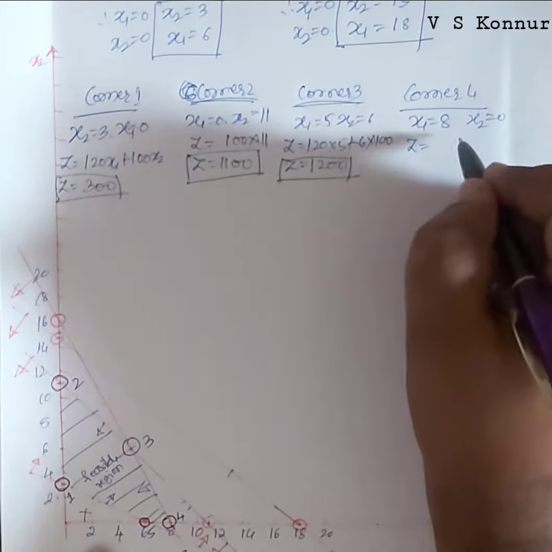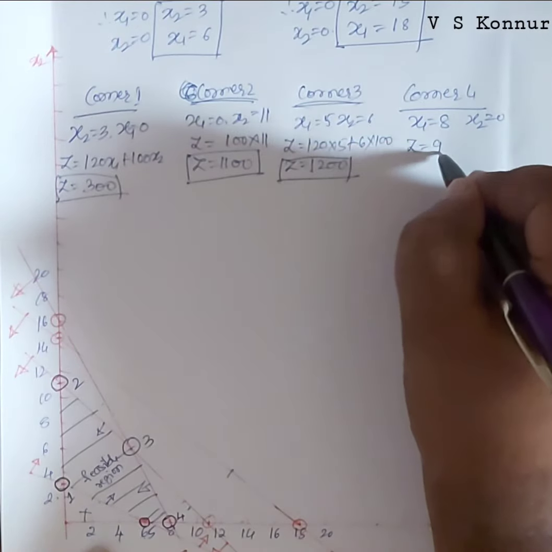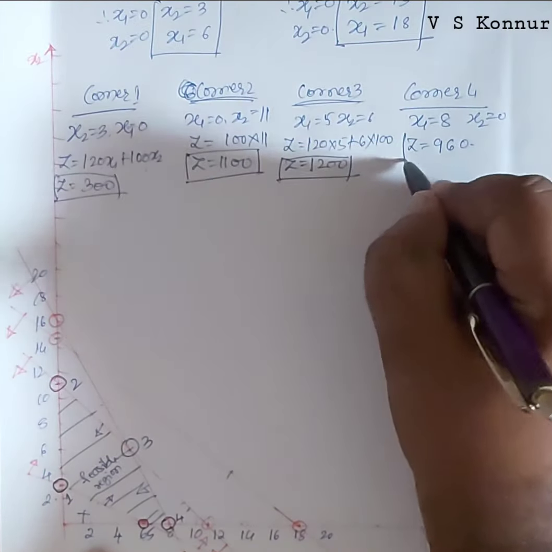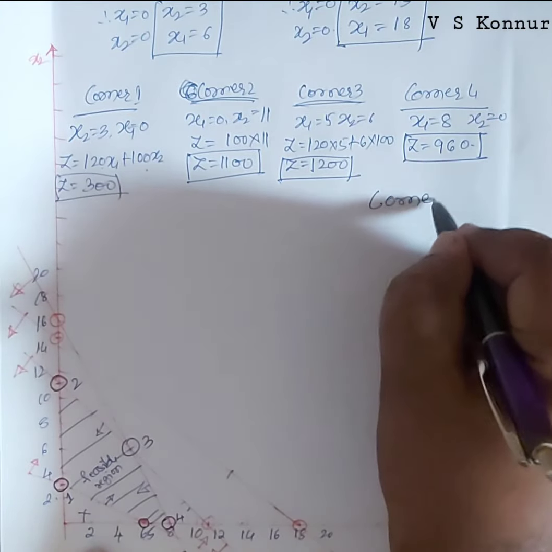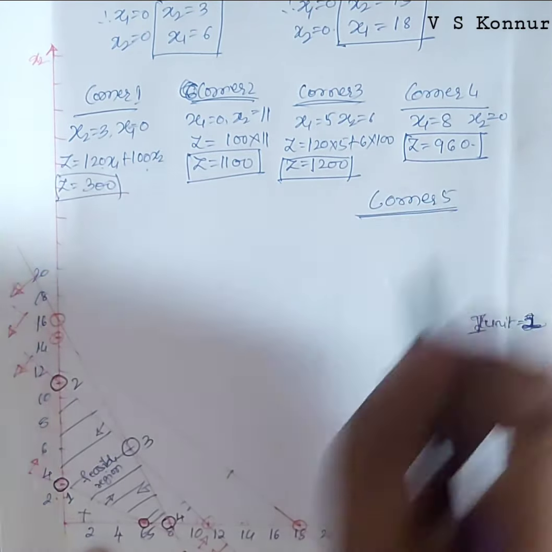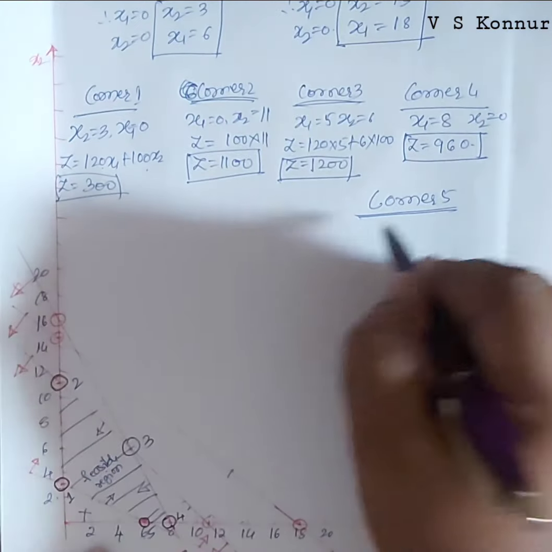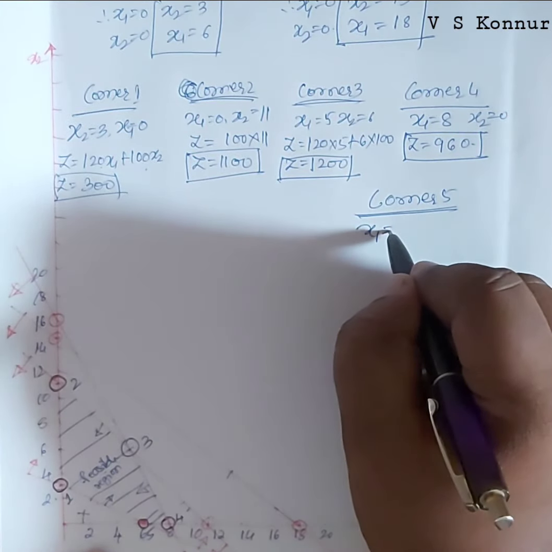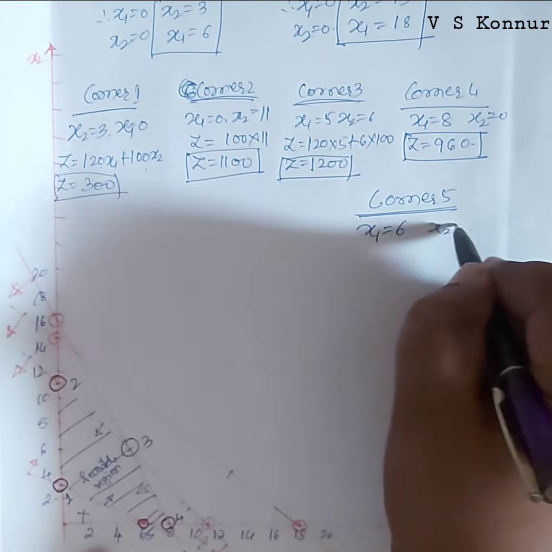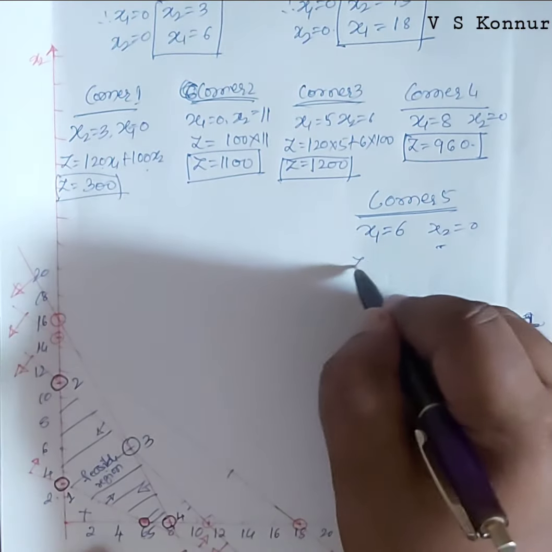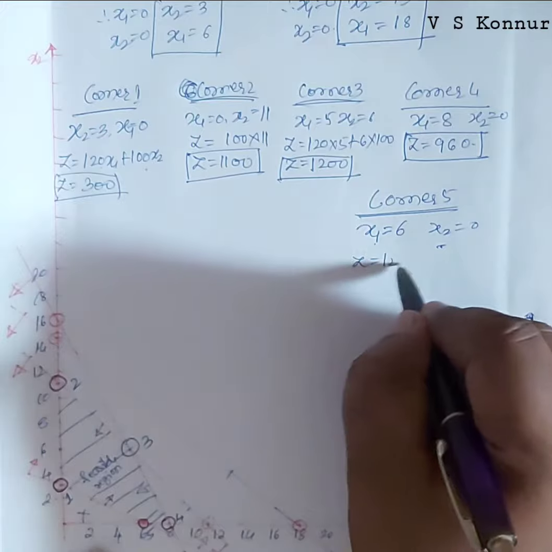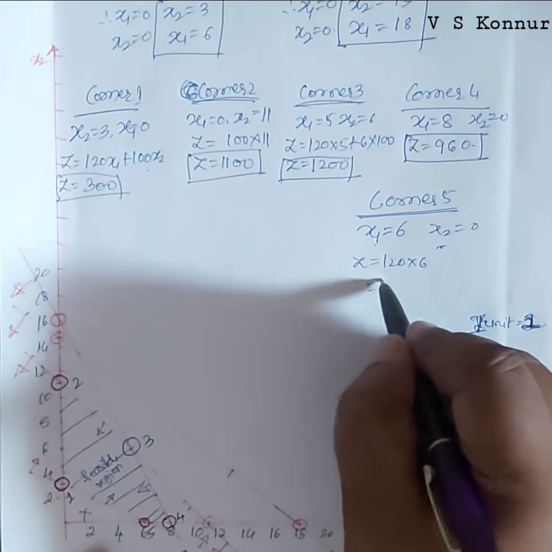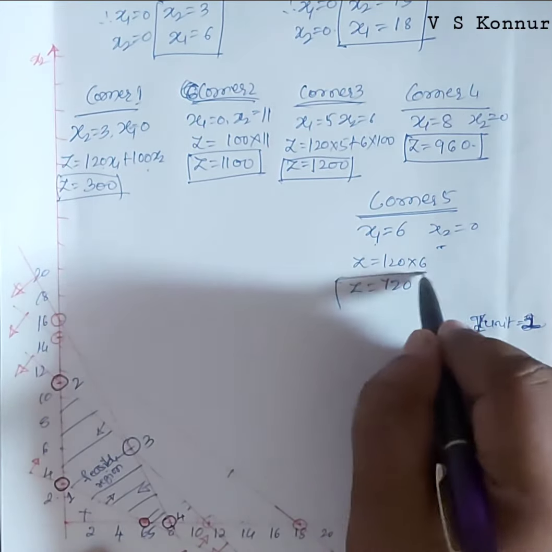So z equal to 8 into 120, 960. Next we'll go for corner 5. For corner 5, x2 is equal to 0, x1 is equal to 6. x2 equal to 0, I will not consider this. So z is equal to 120 into 6, which is 720.